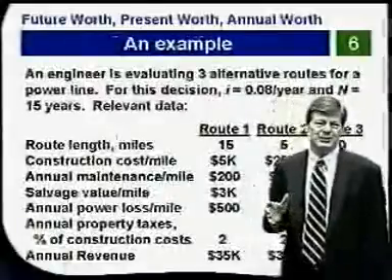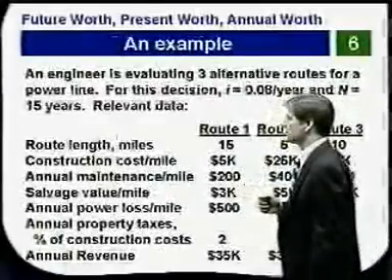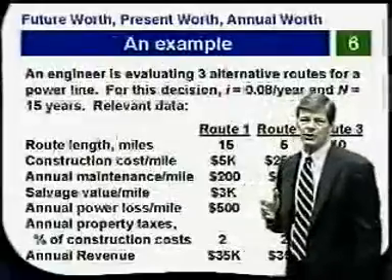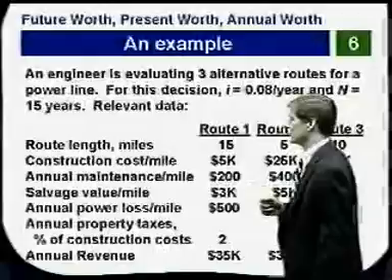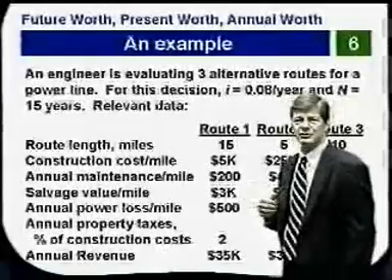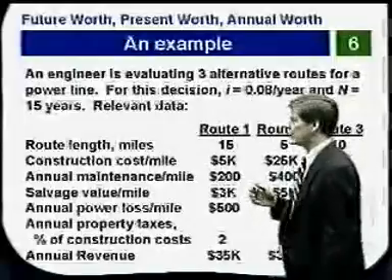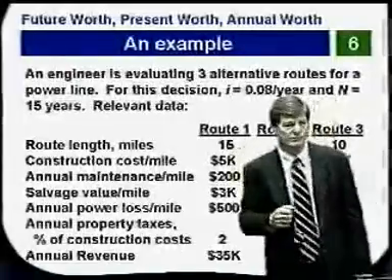Let's take another example. Let's assume an engineer is evaluating 3 alternative routes for a power line. And for this decision, the minimum attractive rate of return is 8% per year, and the planning horizon is 15 years. And we have the following information for these 3 routes.